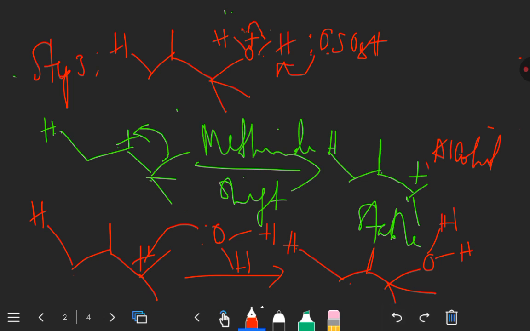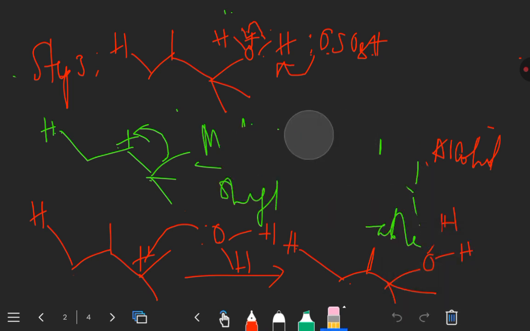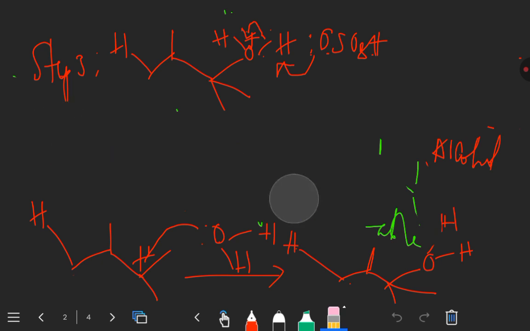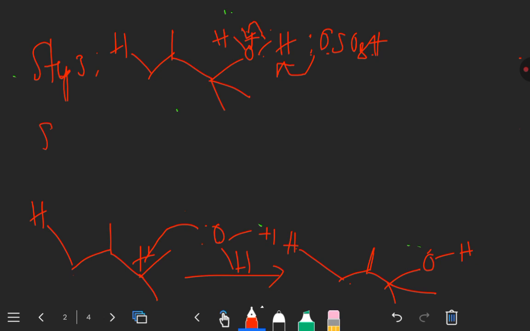Then after this oxygen is neutralized, the hydrogen there has gone to this compound, so it will form a bond. Then this compound will be deprotonated. So what we are going to have is this. So this will be the product.